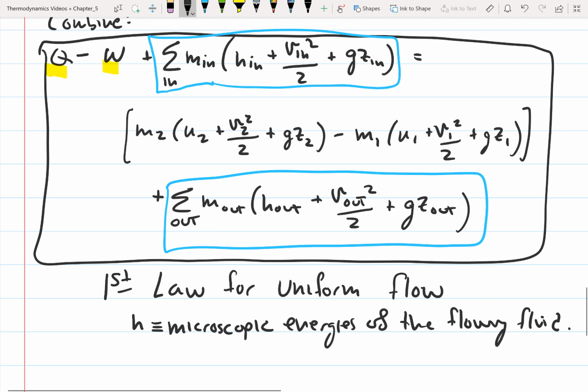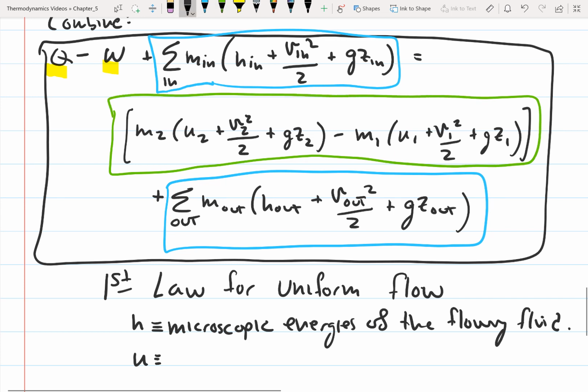This makes sense because enthalpy includes the PV work, and when we have a flowing fluid we have PV work to push the fluid element into and out of the control volume. And then we also have some terms with just the internal energy, and so that's these terms.